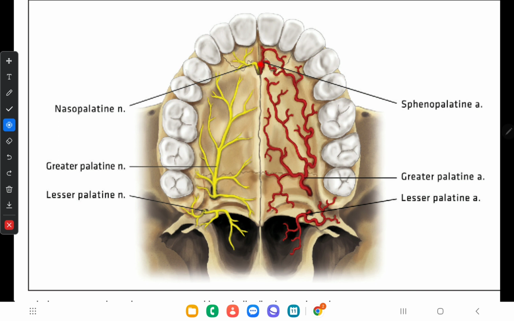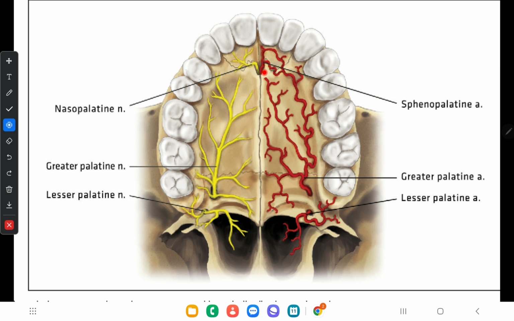You have to remember the course of the greater palatine artery clearly. It is not coming from the incisive foramen towards the posterior aspect. It goes from the posterior aspect towards anteriorly to the incisive foramen and gives some terminal branches to the nasal cavity via this incisive foramen.